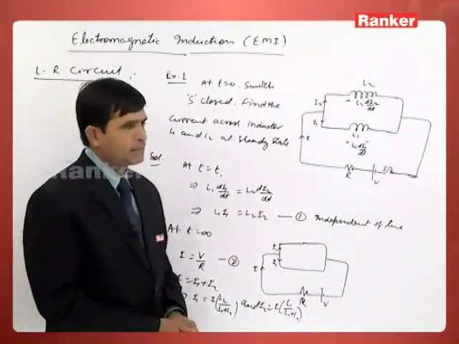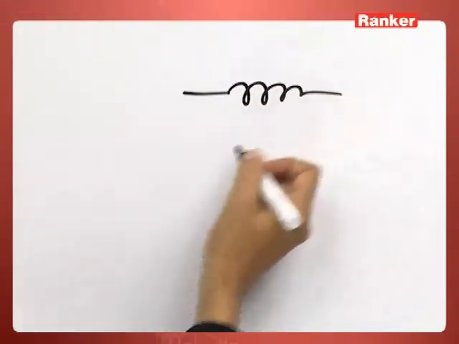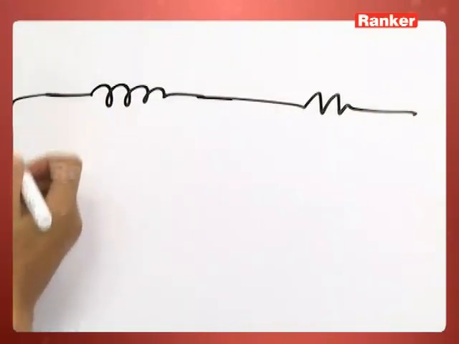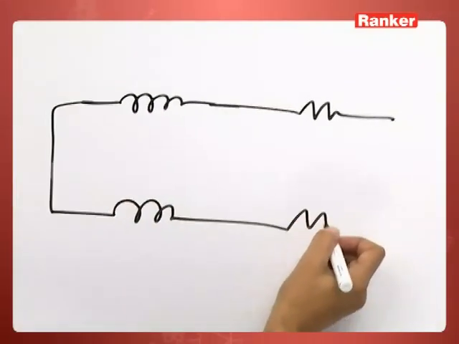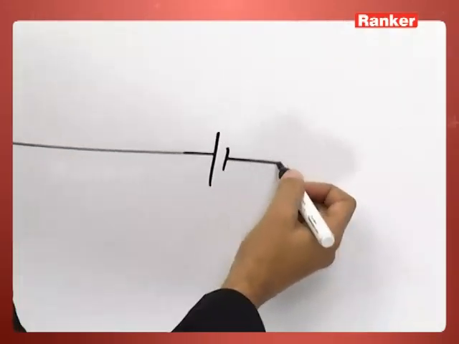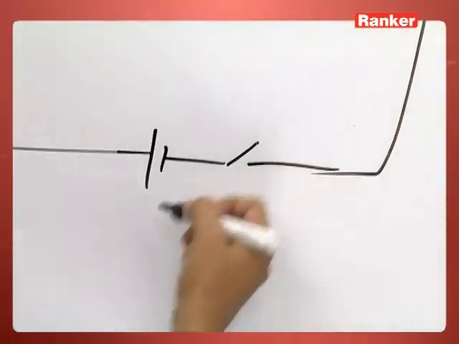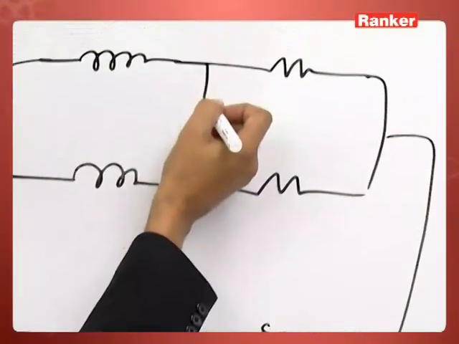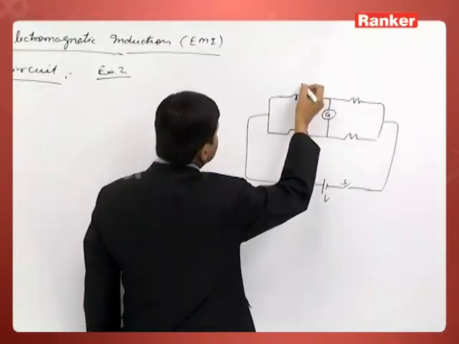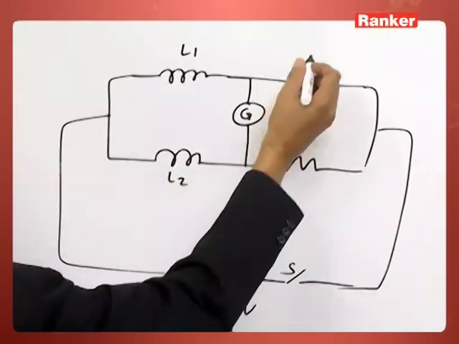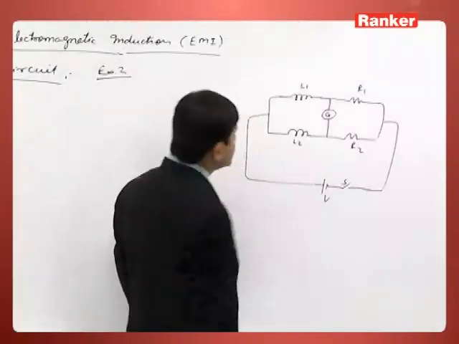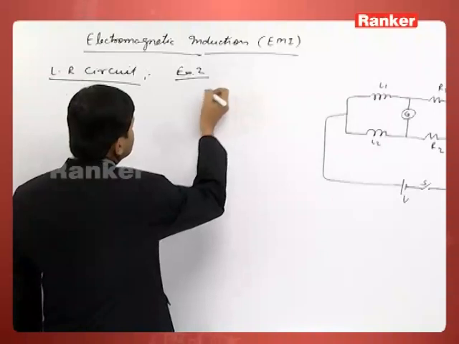Now see another example. We have two inductors and two resistors like this, and these are connected with a DC source along with a switch S and a galvanometer G. The values of the inductors and resistors are L1, L2, R1 and R2.